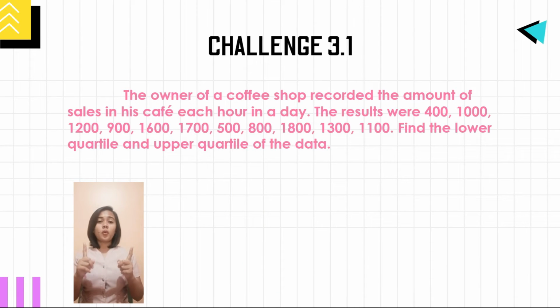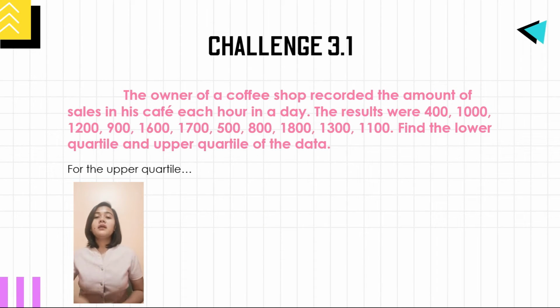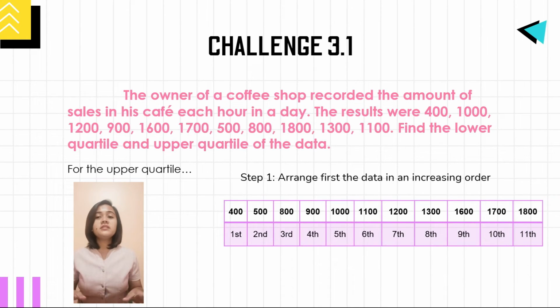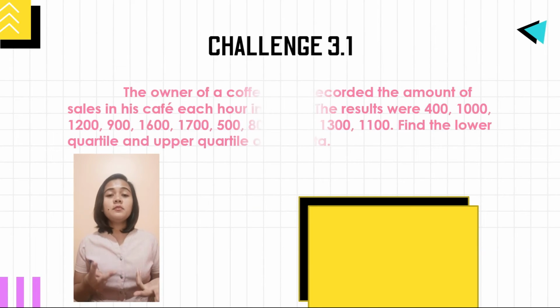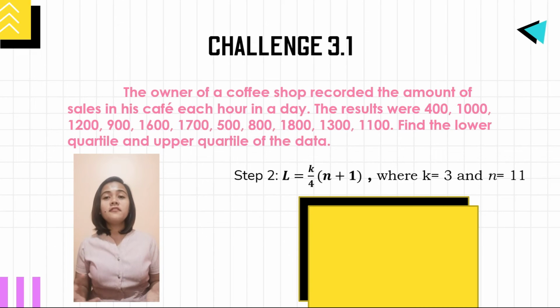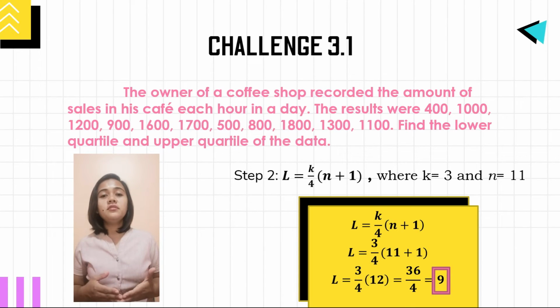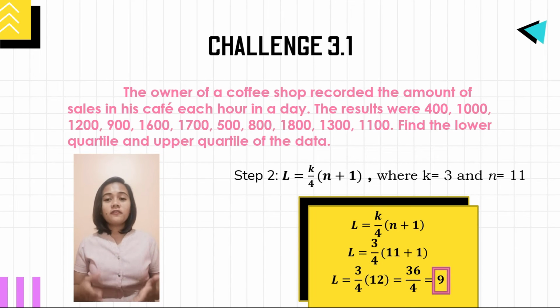For the upper quartile or the Q3, again, the same step as with quartile 1, arrange the data in increasing order. So as you can see on our table there. Alright, now as we move on to step 2, the owner of the coffee shop recorded the sales and we have arranged them in ascending order. So let's proceed to the substitution in our formula, which is L is equal to K over 4 times the quantity of n plus 1.